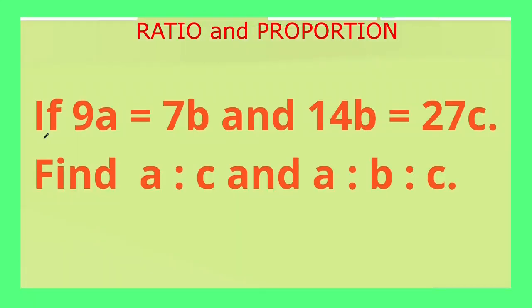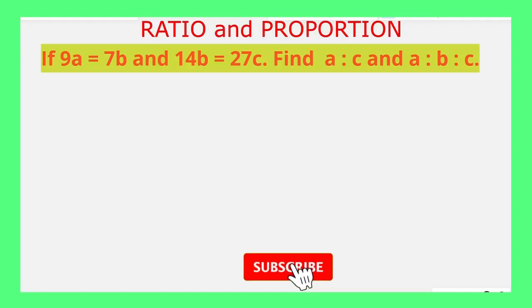Our question is, if 9a equal to 7b and 14b equal to 27c. Find a ratio c and a ratio b ratio c. We will solve the question.